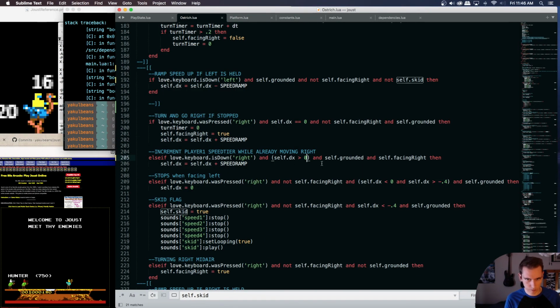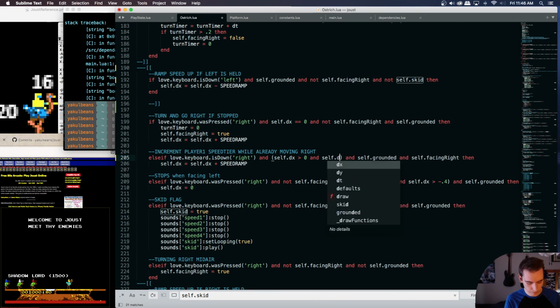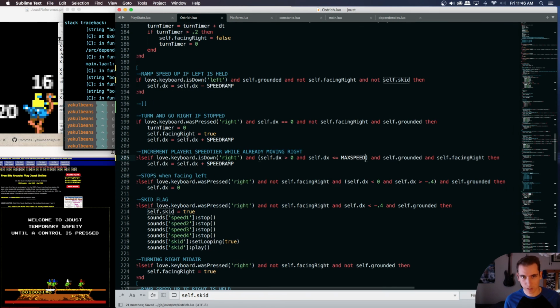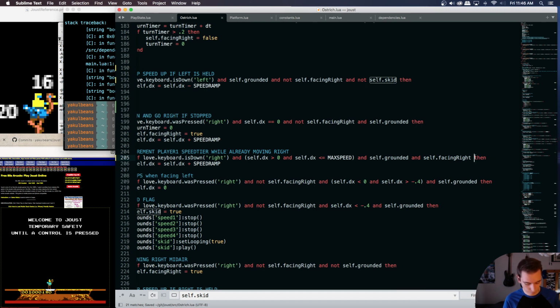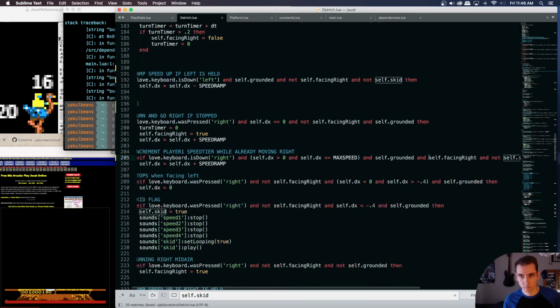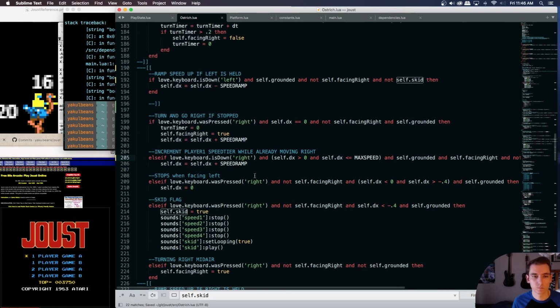Self dx greater than 0 and self dx smaller than or equal to max speed, and not skidding. Okay.